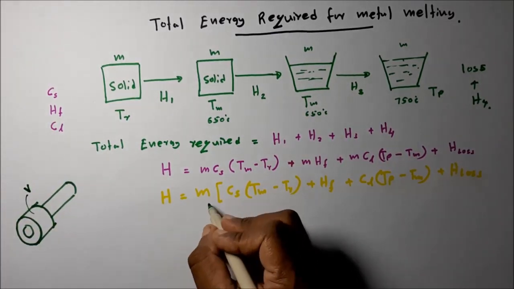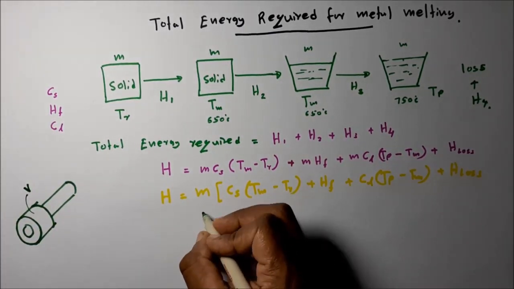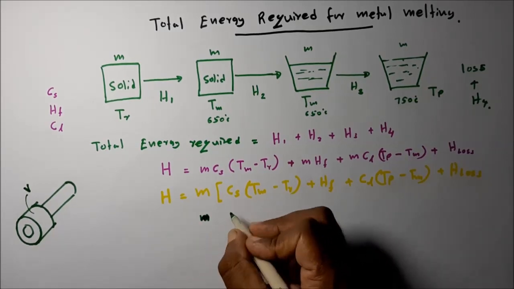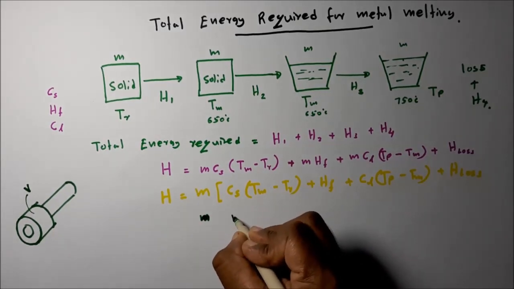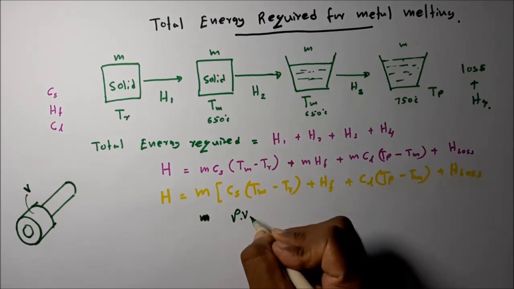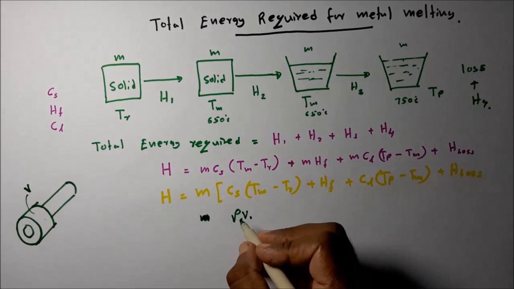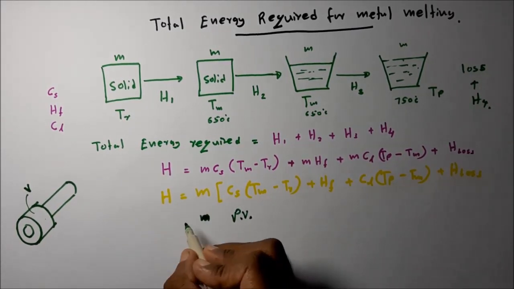So this mass M we can write as rho into V, where rho is the density of the material we are going to use.